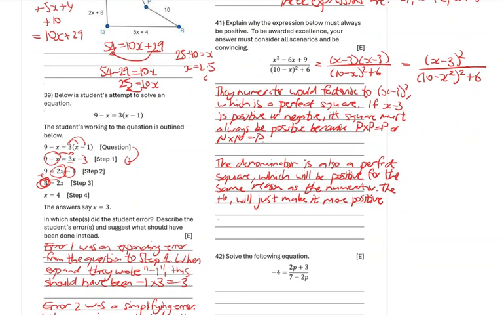So as the numerator and denominator both must always be positive, we know that positive divided by positive is equal to positive, and therefore the given expression must always be positive.